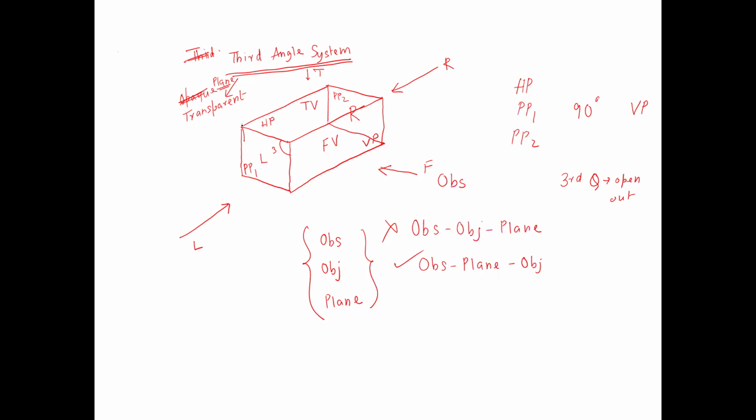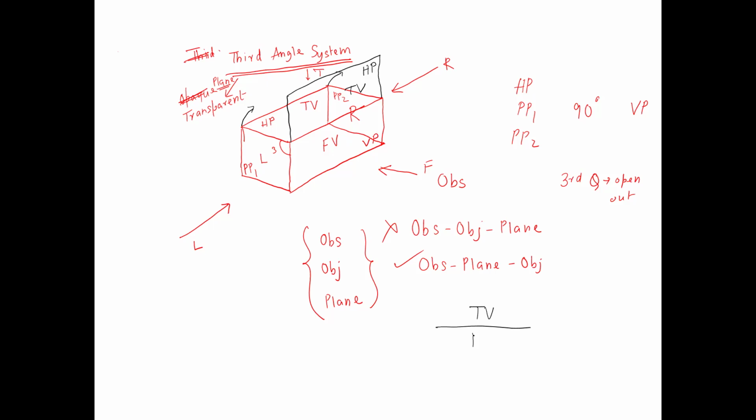So in order to allow the third quadrant to get opened out, the horizontal plane should rotate in this direction. And once that rotation is complete through an angle of 90 degree, this will be the final position of the horizontal plane. So the rotated position of the horizontal plane is above the vertical plane. So top view will be above the front view in the third angle system.